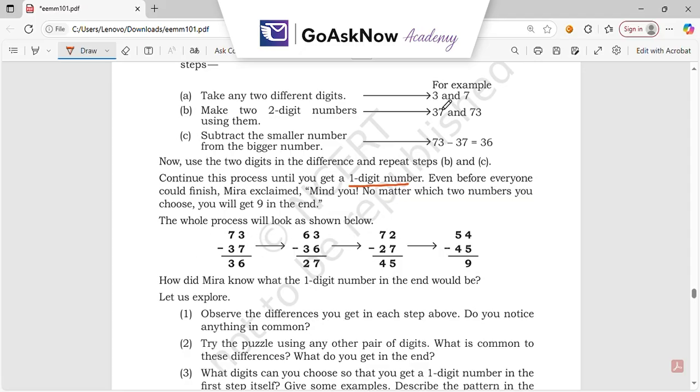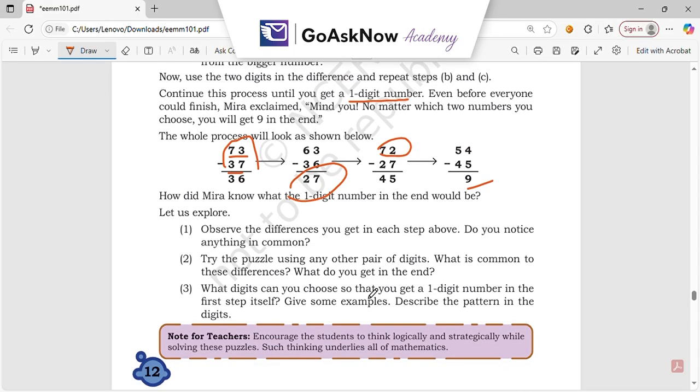That means we are taking 3 and 7. We frame 2-digit numbers, 73 and 37, and subtracting gives 36. Then 63 minus 36 is 27, and 72 minus 27 is 45, and 54 minus 45 is 9. How did Meera know the digit in the end would be 9?